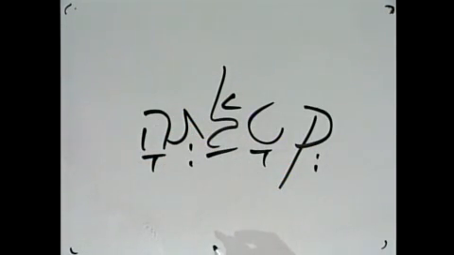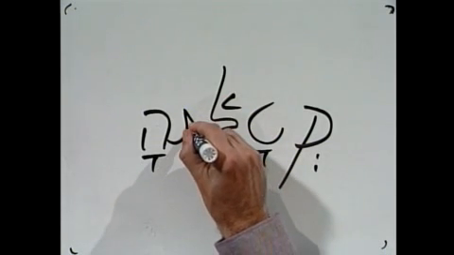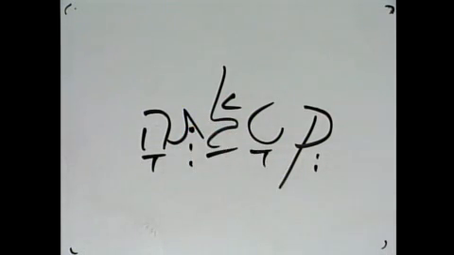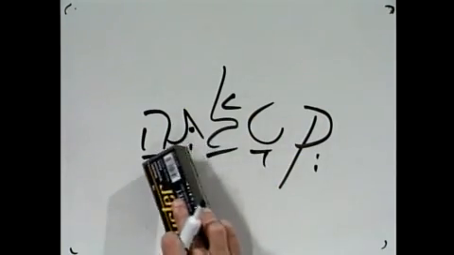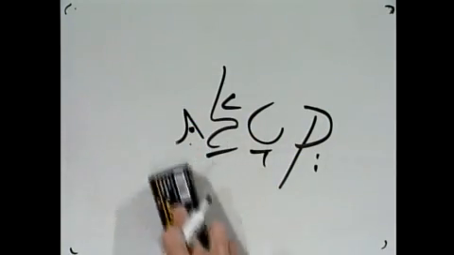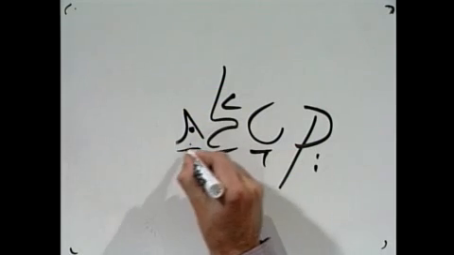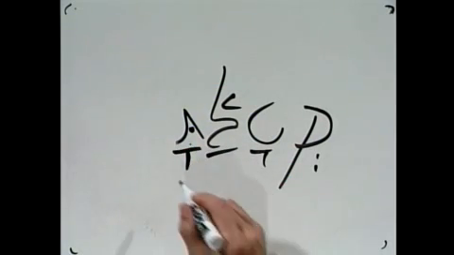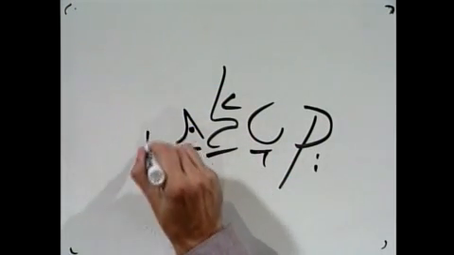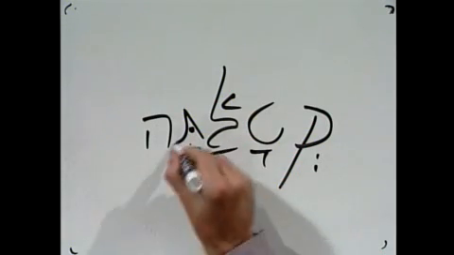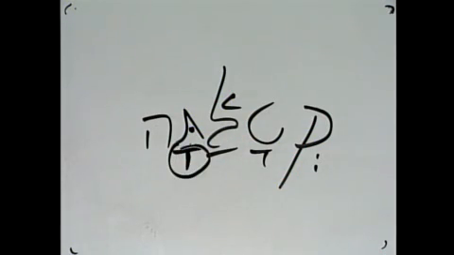And so what can happen again is the hey is assimilating into the tav, as you see here. And then the kametz, as it were, kind of moves over into this place here. And now to alert the reader in an unpointed text, they put a phony hey there to get you to read it correctly. That's a fun form right there. That'll keep you up at night. So watch out for that one.